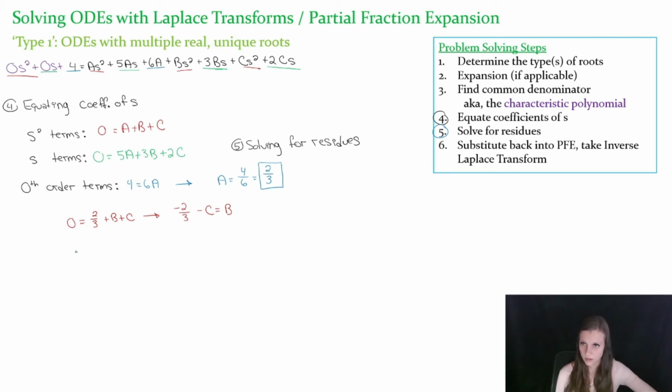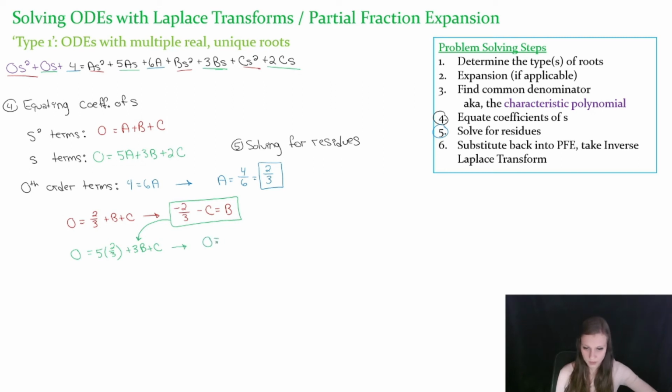And then I can also write 0 equals 5 times 2/3 plus 3b plus c. And I can take this expression for b and substitute it in here.